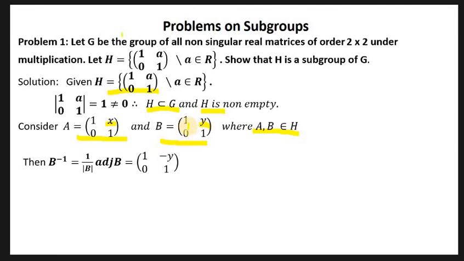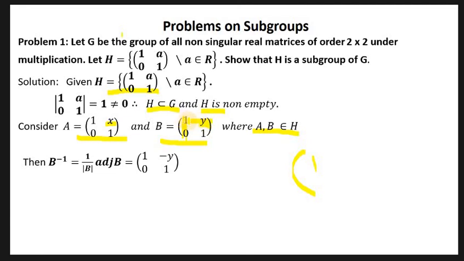Let us find out the cofactors now. For the first element, neglect the first row and first column. What element do we have? 1. So in the cofactor matrix, the first element is 1. Then take the first row, second element, which is y.